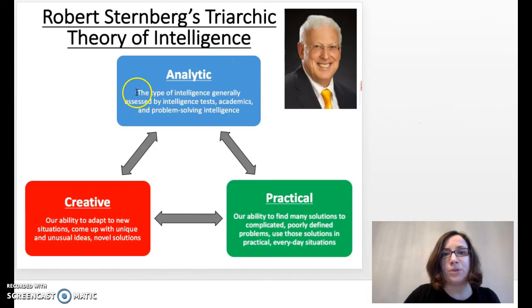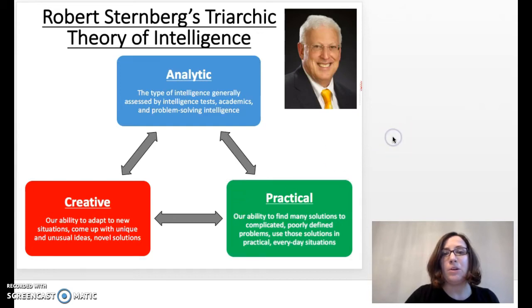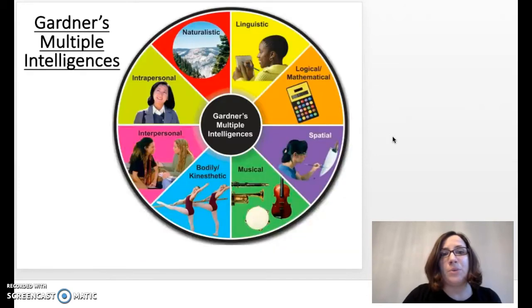He kept that traditional kind of definition of intelligence, but he also added practical and creative intelligence, talking about our ability to adapt and grow, and in addition to that, our ability to come up with solutions to practical everyday problems. Then, of course, we have Howard Gardner's theory, which divides it up much more.